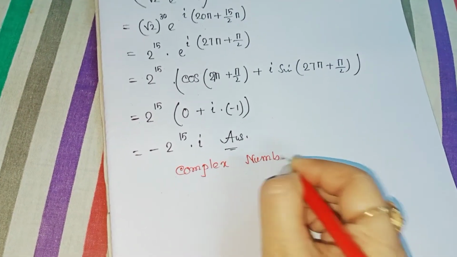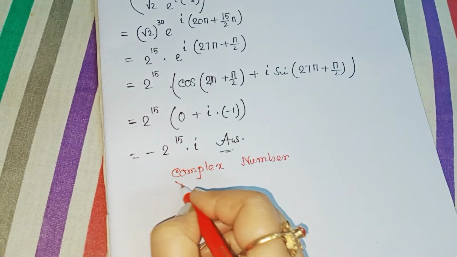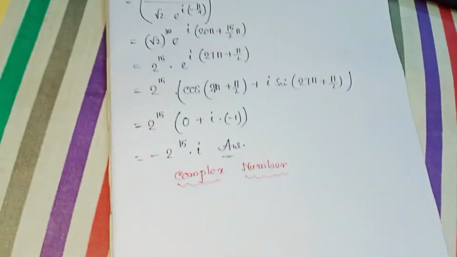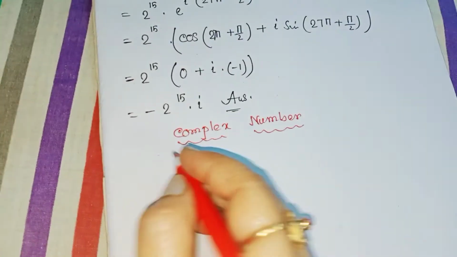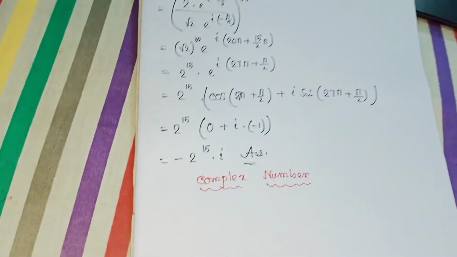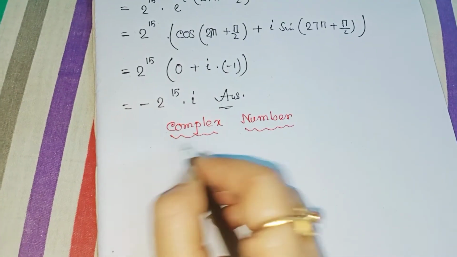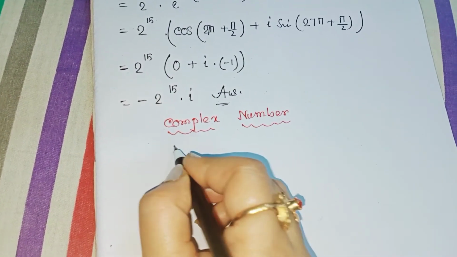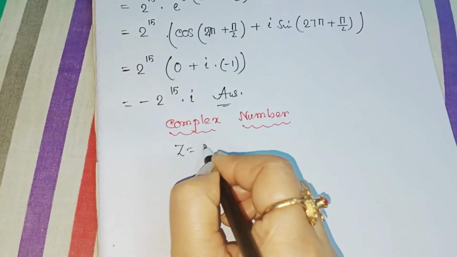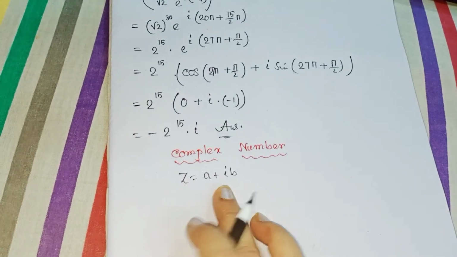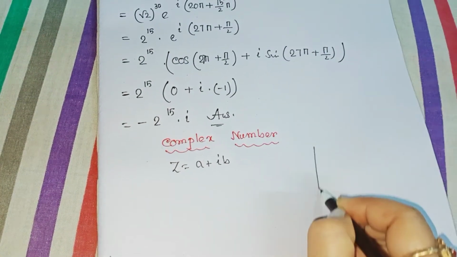So some important things essential, we should first know what is here. We first see that z is equal to a plus ib. So what is z is equal to a plus ib?